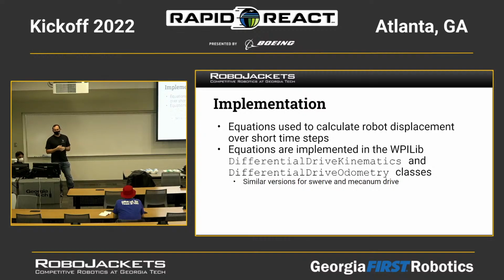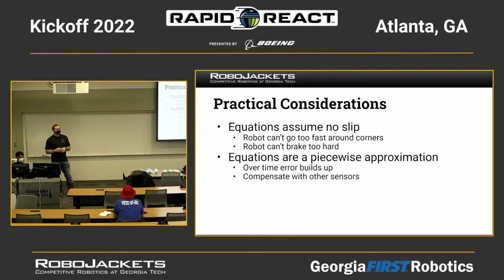WPILib has things. And there are some practical considerations that exist in the real world that don't exist in theory. Usually we assume no slip when we do these equations, so you're going to slowly accumulate error over time, proportional to the time that you're doing it. And then you also have limits on how fast you can speed up or slow down.